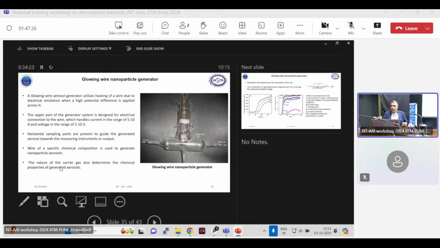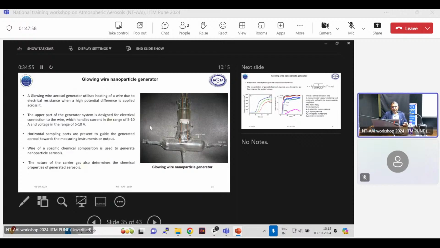Even though the aerosol size may be less than 10 nanometer also, because of the instrumentation or where we are measuring, sometimes aerosol is generated in one location and we are measuring in some other location. So whatever generated aerosol will grow because of various phenomena, vapor condensation or nucleation. So in this method we can achieve very high concentration as well as small size aerosol.